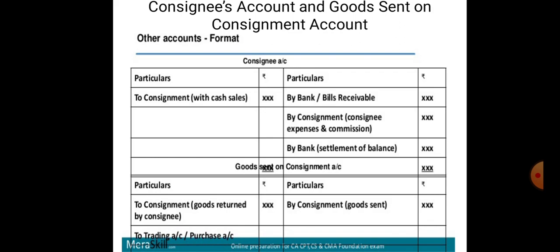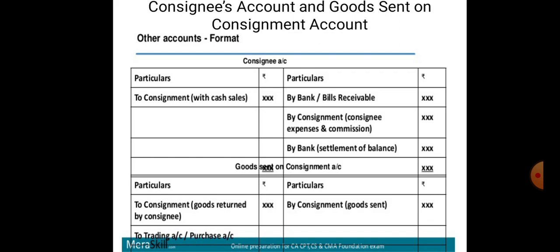And any goods returned back to the consignor will come to the debit side of the goods sent on consignment account. The closing entry would be transferred to the trading account if the consignor is a manufacturer, and if the consignor is a wholesaler, then it has to be transferred to the purchase account.